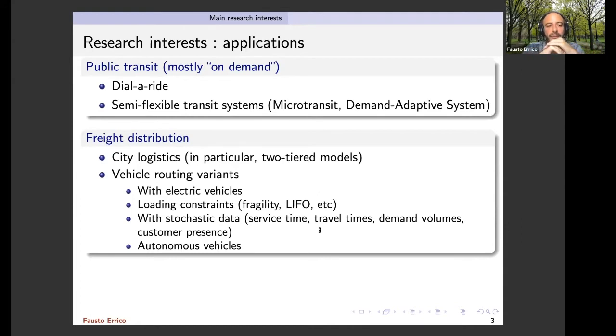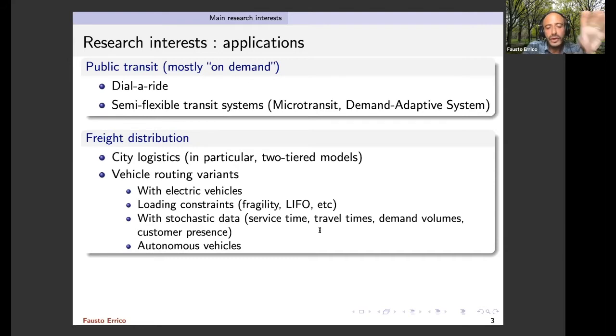These are variants of vehicle routing where some of the data are stochastic. And this includes the more focused seminar that I'm presenting later. Typical sources of uncertainty that I have focused on are service time, travel time, demand values, and customer presence.